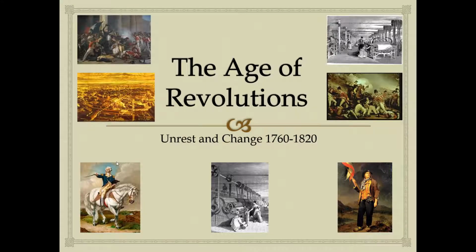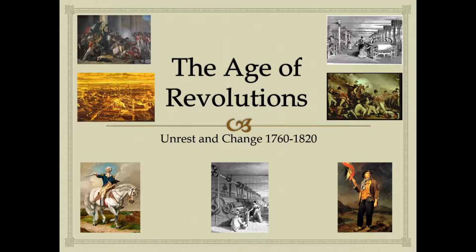Okay, everybody. So we're going to go ahead and get started here looking at the age of revolutions. Last time we talked about the loosening up of bonds between the colonies and the mother countries, and talked about some of the issues that had occurred that were leading to things becoming two separate worlds, basically.